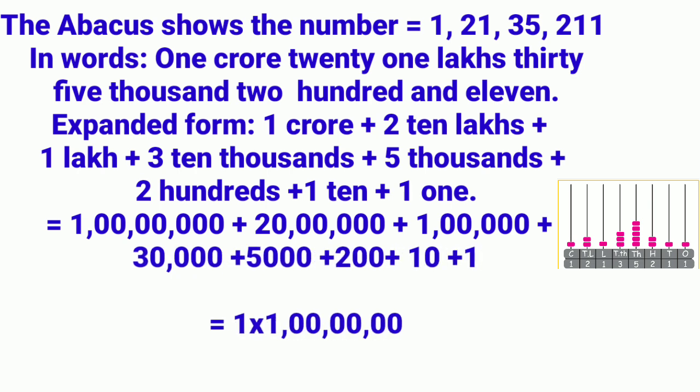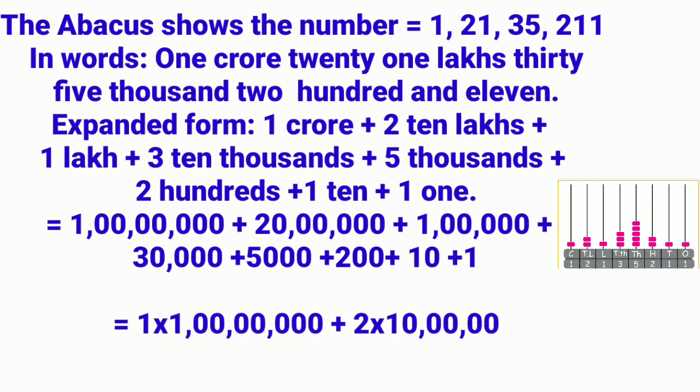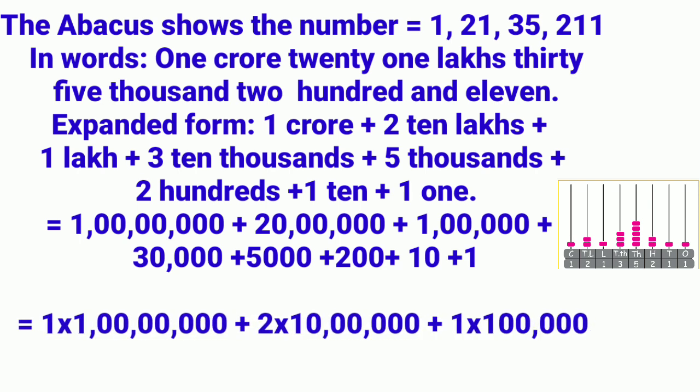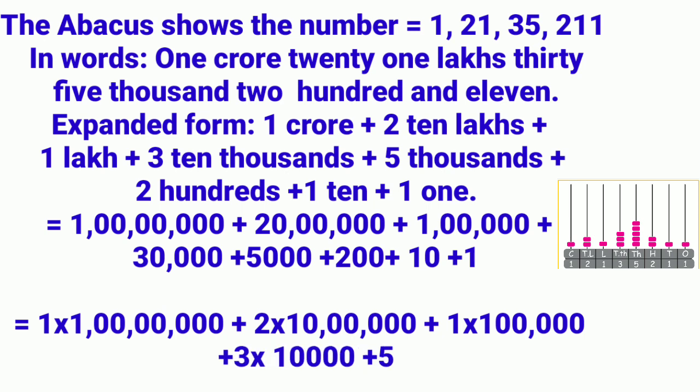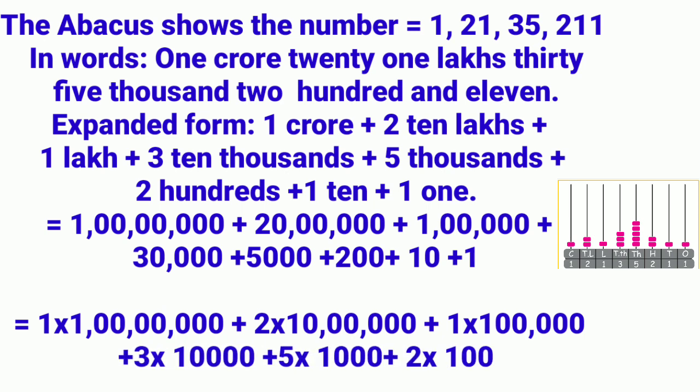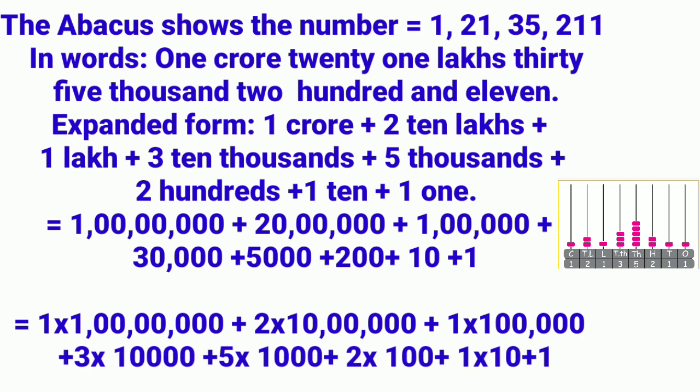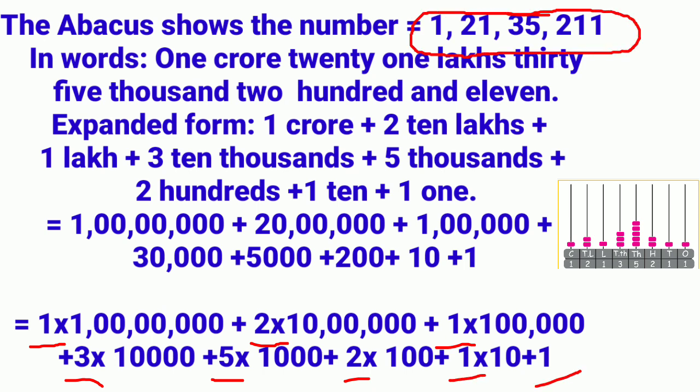Again write the expanded form: 1 into 1 crore plus 2 into 10 lakhs plus 1 into 1 lakh plus 3 into 10,000 plus 5 into 1000 plus 2 into 100 plus 1 into 10 plus 1. The placement of abacus value is 1, 2, 1, 3, 5, 2, 1, 1. That means 1 crore 21 lakhs 35,211.